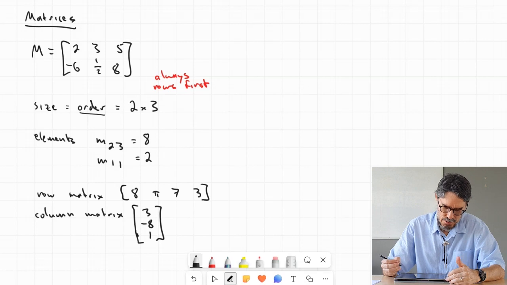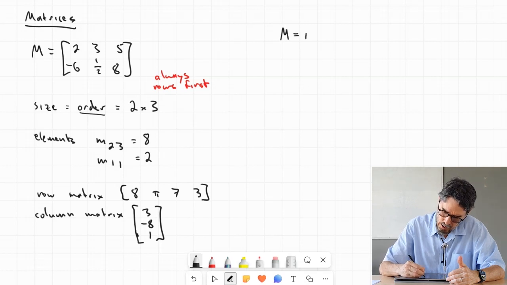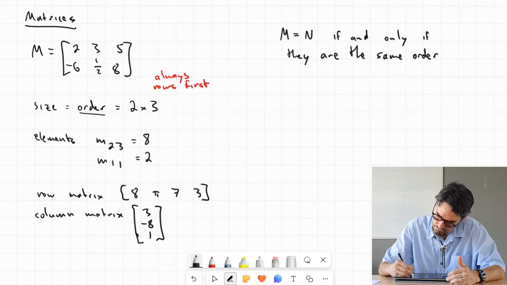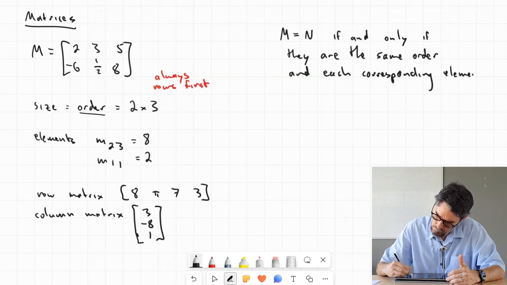Now, if we're going to do things with matrices, probably the most fundamental relationship we're interested in is equality. 2 matrices are equal if and only if they are, I'm going to use the technical word, the same order, okay, same size, and each corresponding element is also equal.